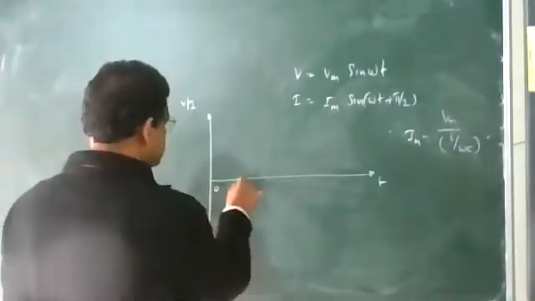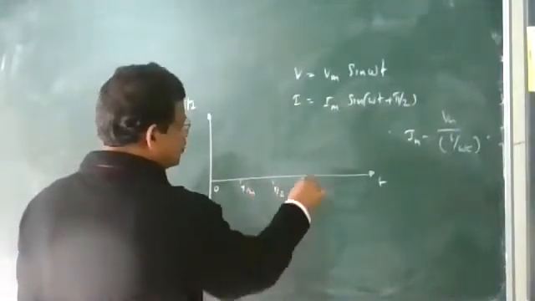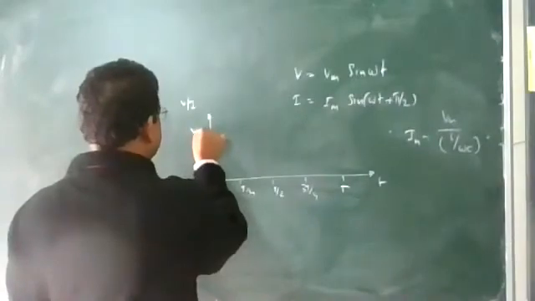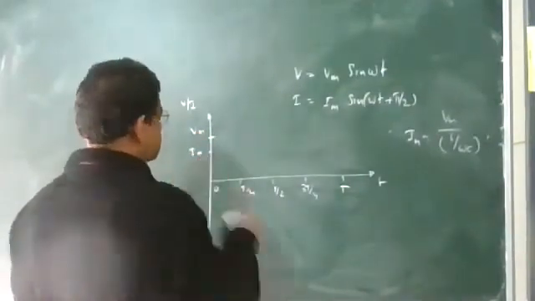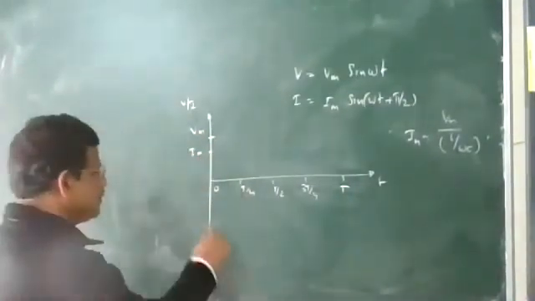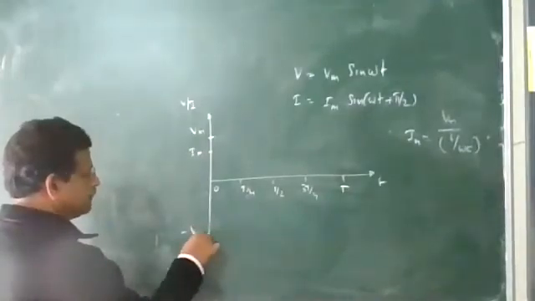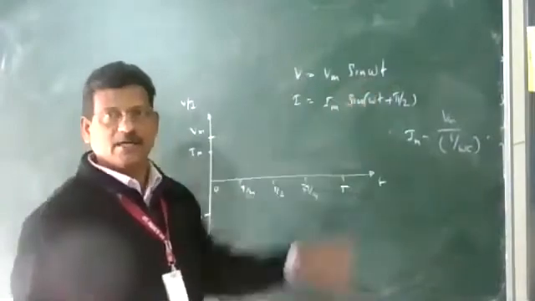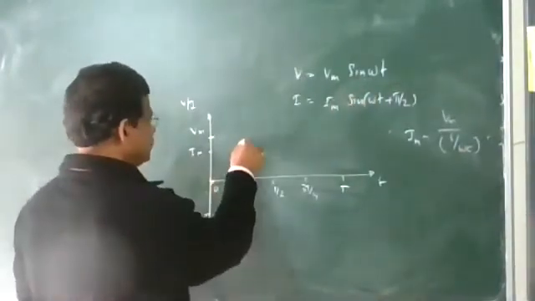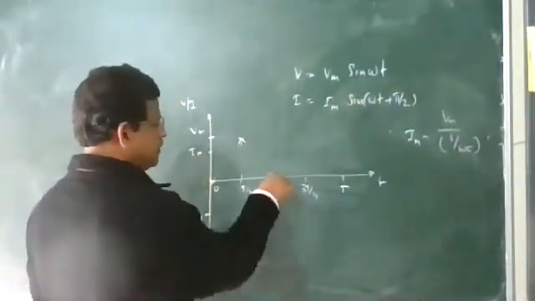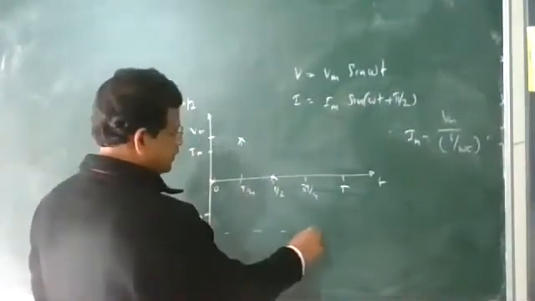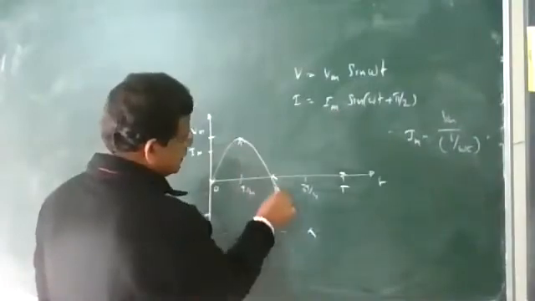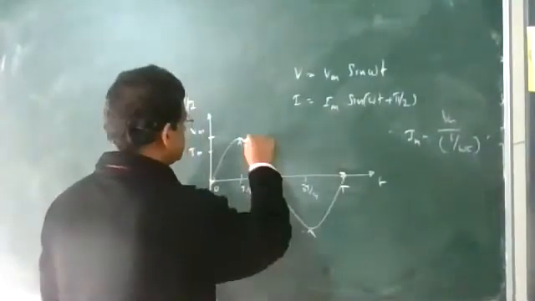The axis is marked pi by 4, pi by 2, 3 pi by 4 and pi. The maximum value of voltage is Vm and the maximum value of current is Im, with minus Vm and minus Im below. V equal to Vm sin omega t: the graph is 0 at the start, maximum at pi by 2, and minus Vm at 3 pi by 2, completing the full cycle. Yesterday we said the same kind of reference. This is a reference graph.